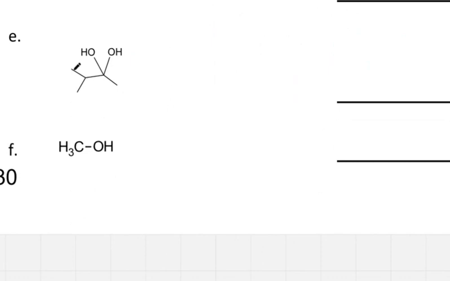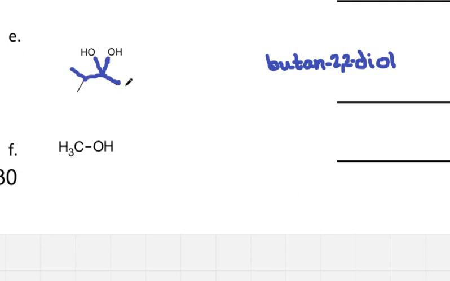Okay, so our longest path through this, if that's our primary, that has 1, 2, 3, 4 carbons, so we want to call this butane. But it has 2 hydroxyl groups on it, so it's not just butanol, but butanediol. And both hydroxyl groups are on carbon number 2. 3 if you count from the left, but don't. We want the lower number. So butane-2,2-diol should take care of that.